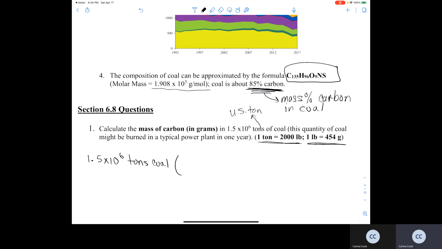we multiply the total number of tons of coal by the percentage of coal that's carbon, and of course convert that percent to a decimal.